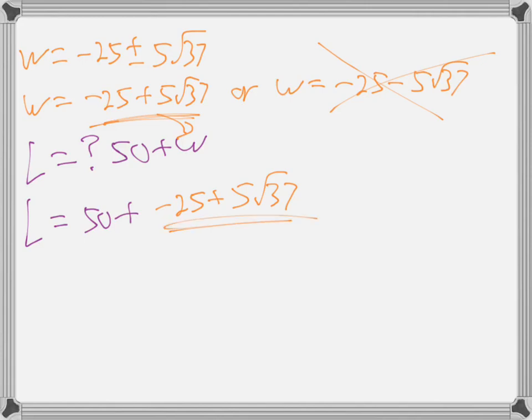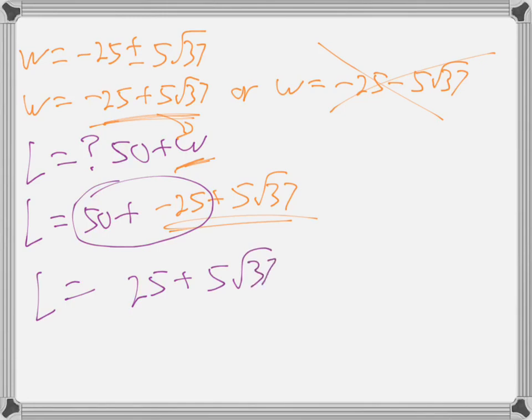Does that make sense, how I plugged in W right there? The length is 50 added to the width, huh? And then simplify that. 50 minus 25? 25 plus 5 root 37. There's the length. There's the width. I want you to leave it that way with the roots and all.